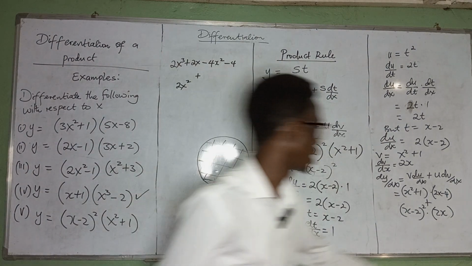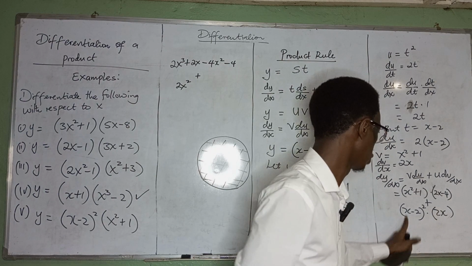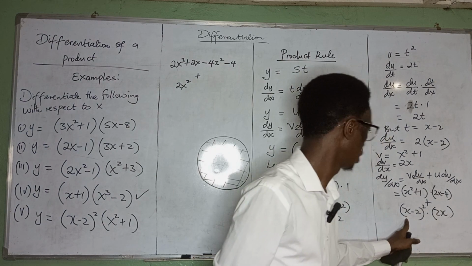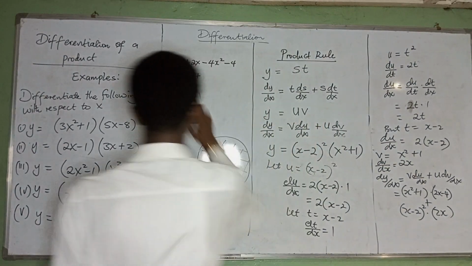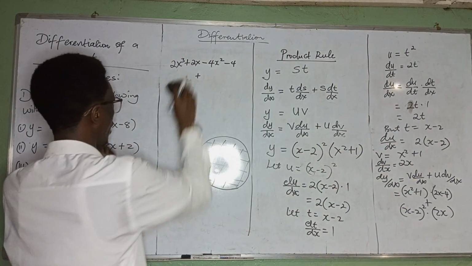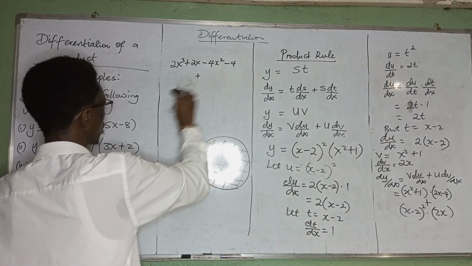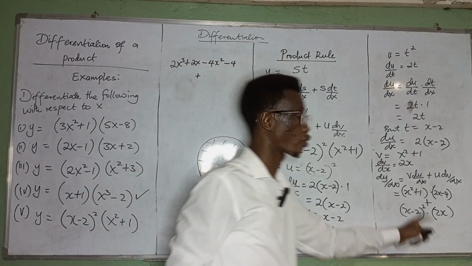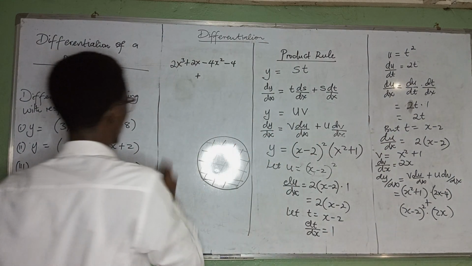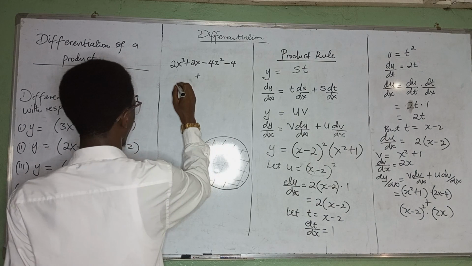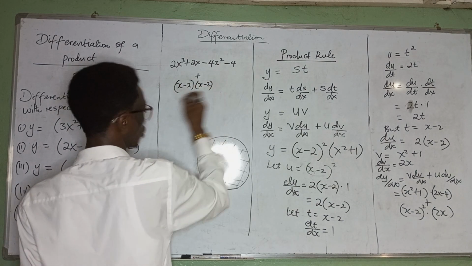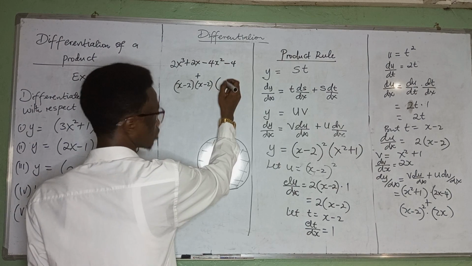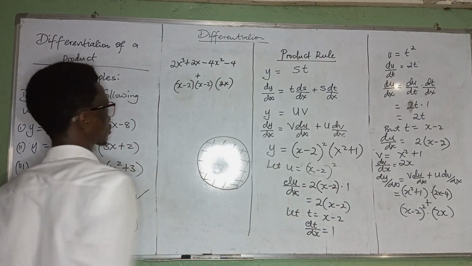So this one we have to clear first this bracket. X minus 2 all squared, we can just write that one as x minus 2 and the other one as x minus 2. Then we have now 2x here.